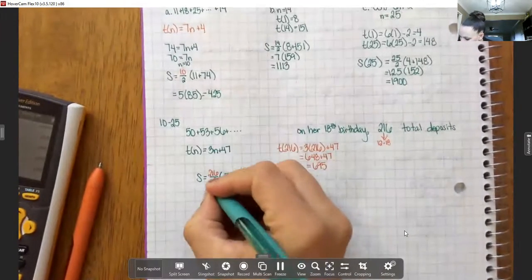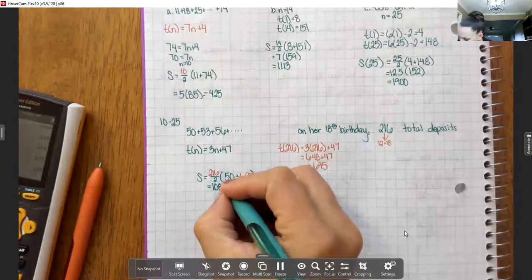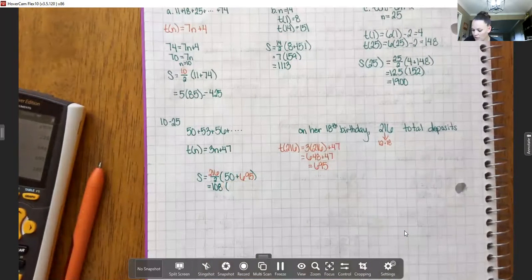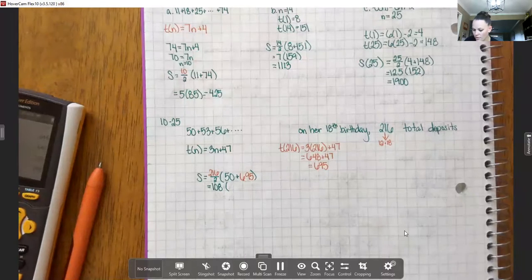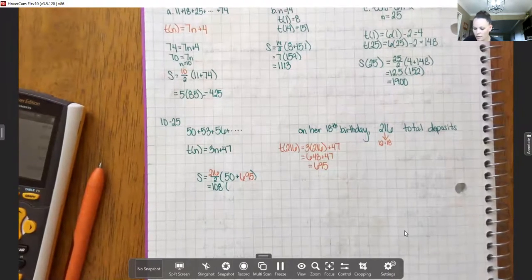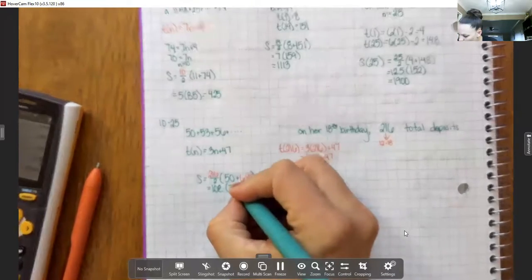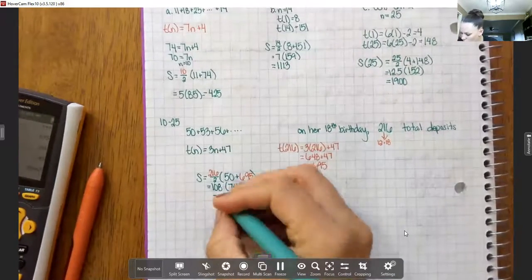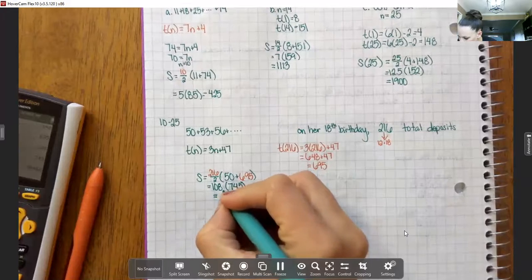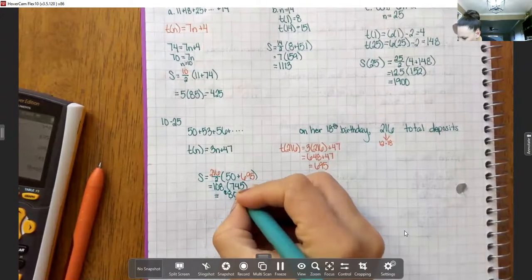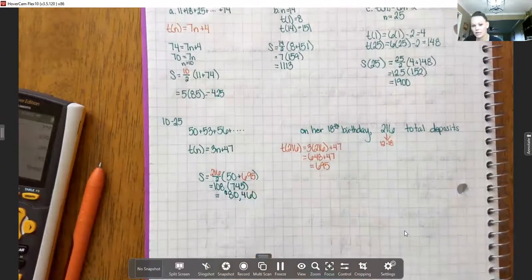So the sum here is 108 times 745. So that's a total of $80,460.